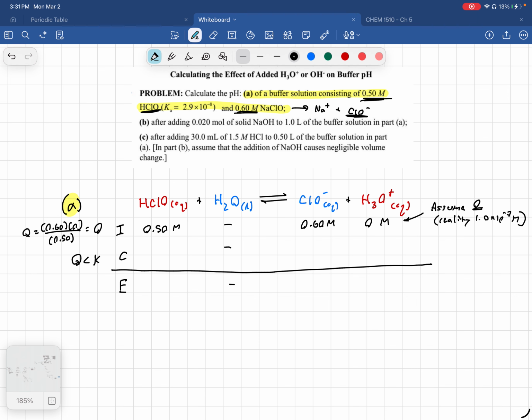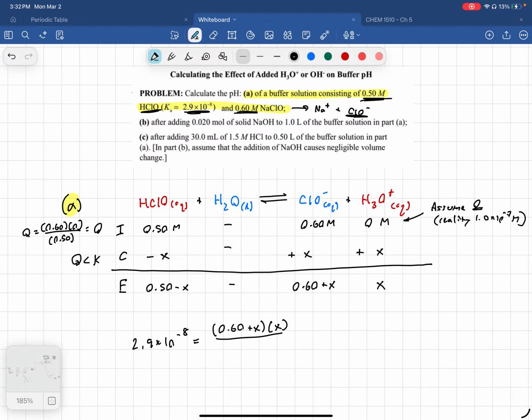Ka equals 2.9 times 10 to the negative 8th. And so that means minus on the reactant side, plus on the product side, and these are all 1 to 1, so it's minus X, plus X, plus X. So we end up with 0.50 minus X, 0.60 plus X, and then X as our concentrations. Now our Ka right here is 2.9 times 10 to the negative 8th, and that is equal to this current setup, 0.60 plus X times X all over 0.50 minus X.